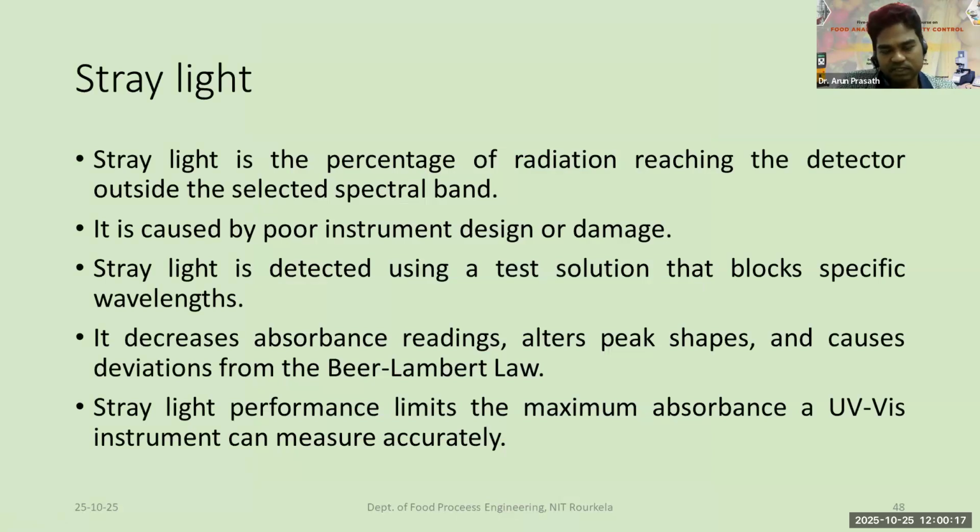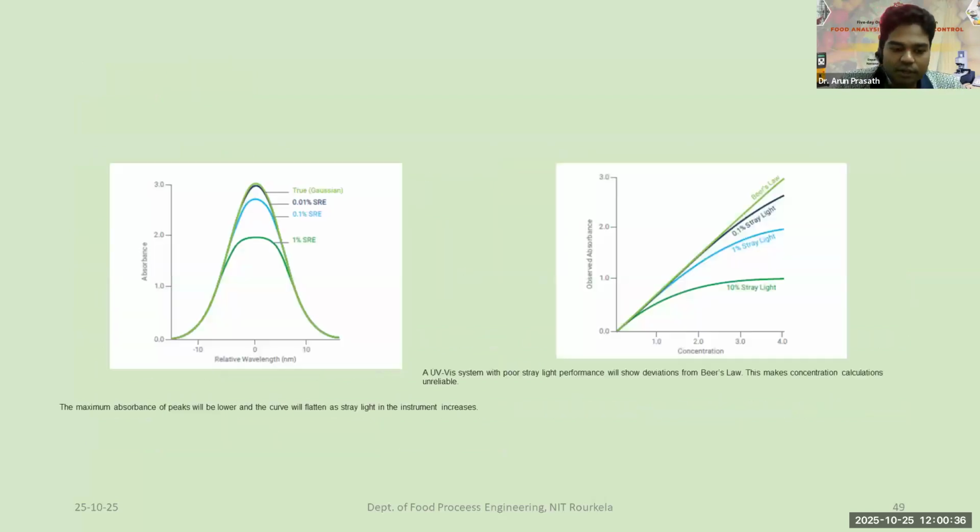Stray light. This is another problem which arises whenever we go for spectroscopy. Apart from the light which is generated from the light source and the monochromator, there is the influence of external light, that is the stray light. You can see the interaction between the stray light and the absorbance.